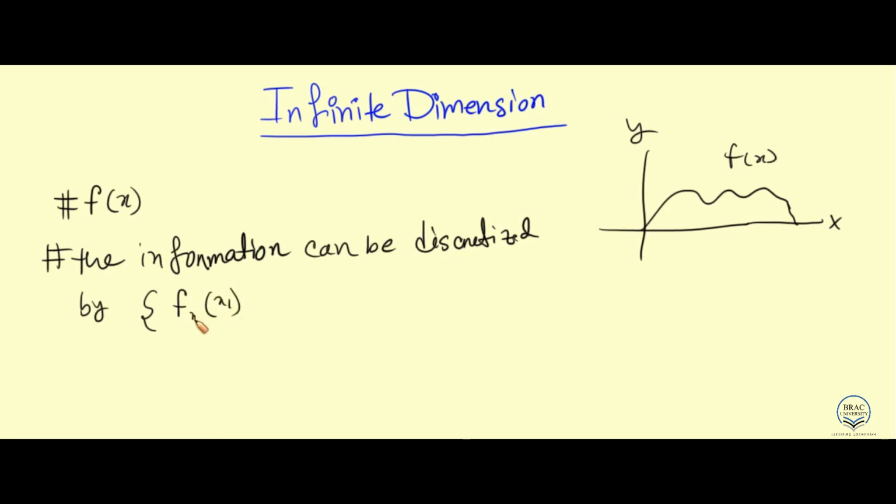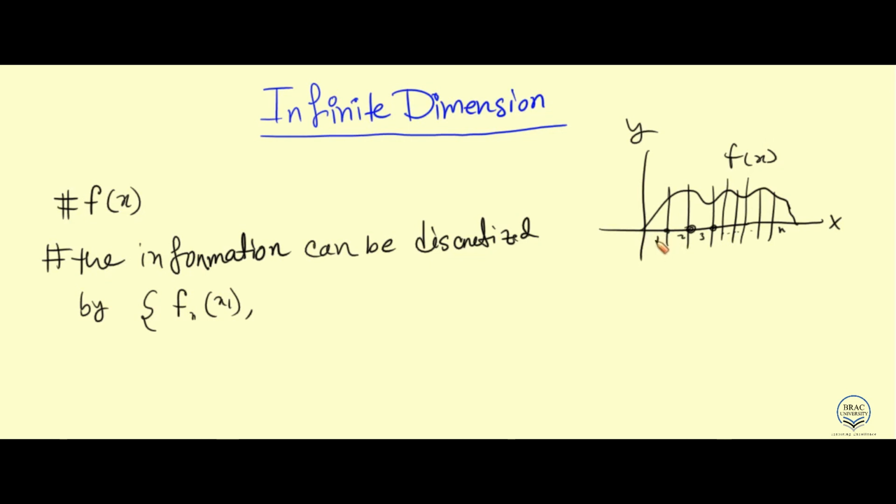x1. This n means that I have divided this function's information into n subintervals, like say this is 1, this is 2, this is 3, this is n. There are more lines like this in between. So this is f of n x1, that is the information of the function at x equals 1.